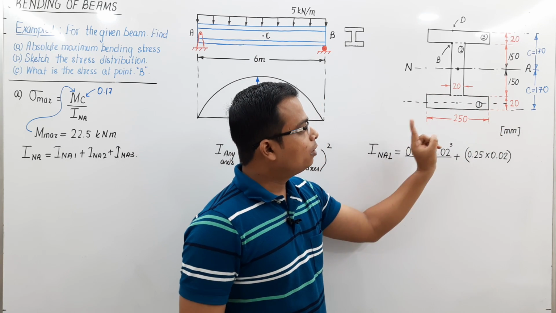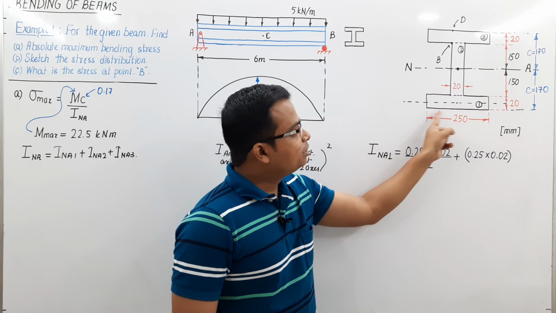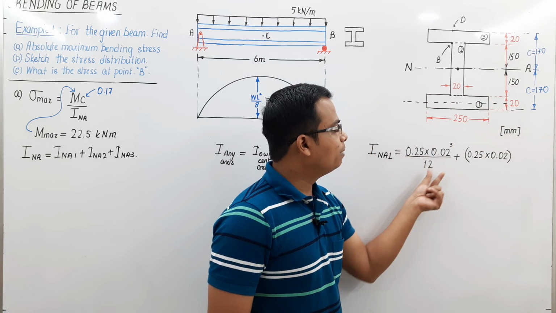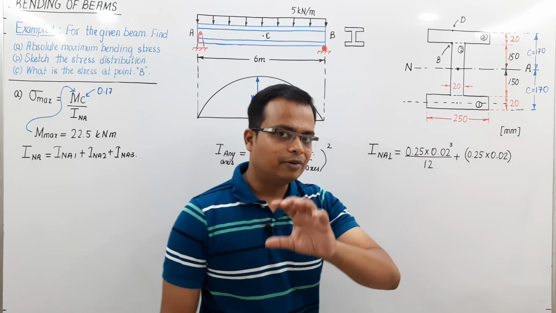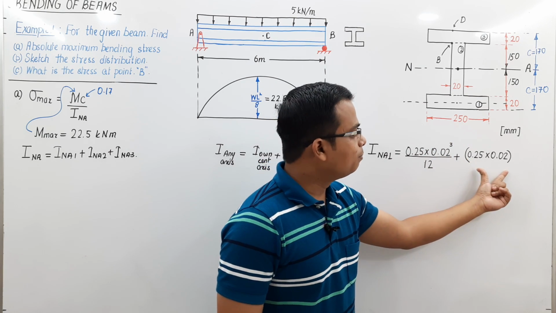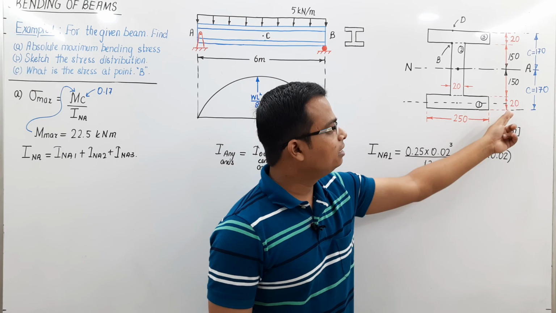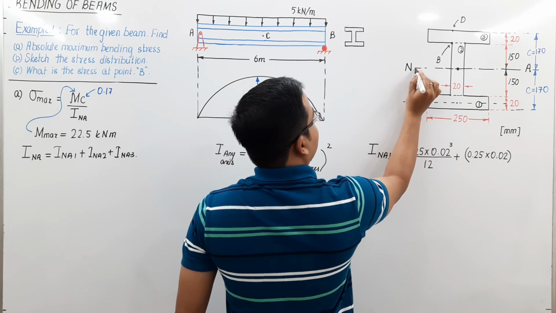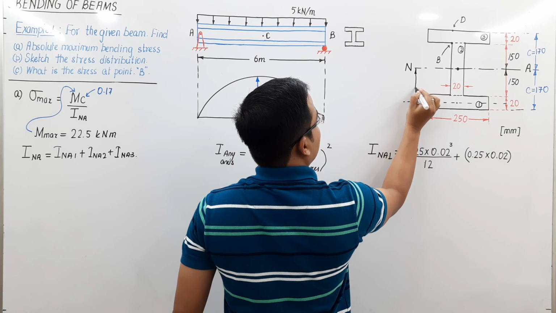So you first need to work out the moment of inertia of this figure 1 with respect to its own centroidal axis, that is bd cubed by 12, right? Everything has been converted to meters, plus the area 0.25 into 0.02, multiplied by the distance between the two axes, and you can clearly see this is the distance between the two axes.